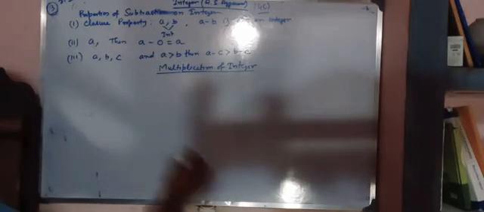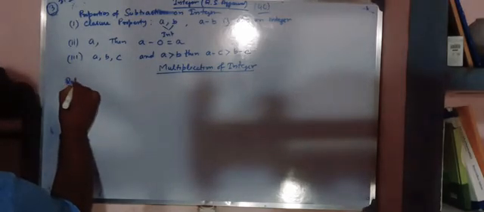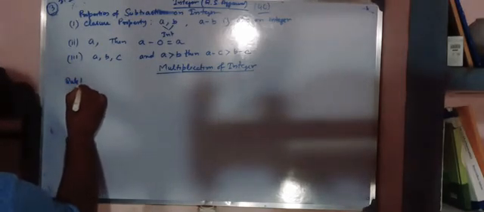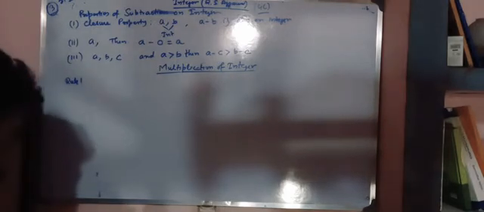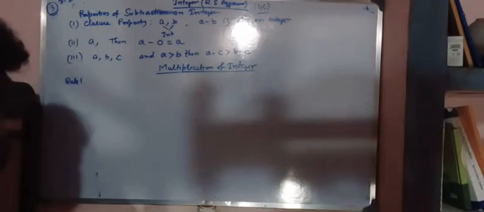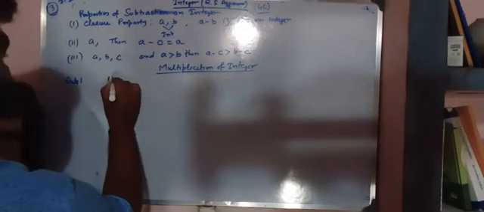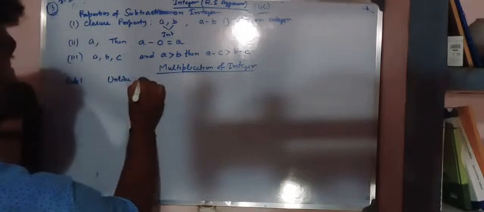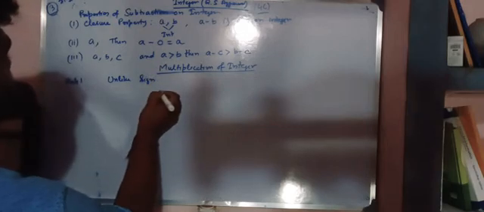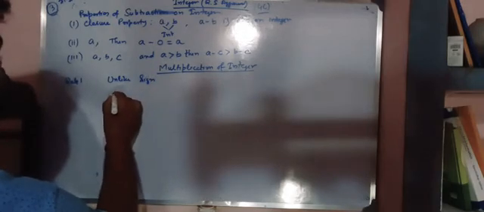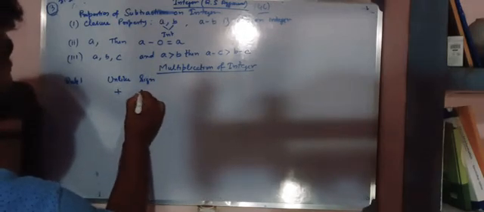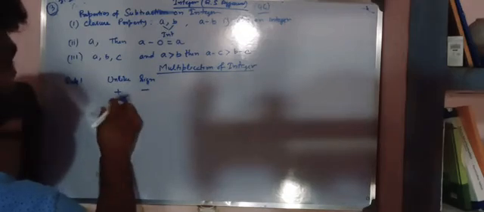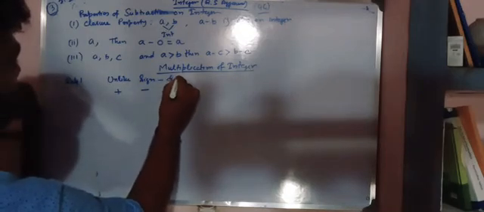Now, here are some rules. First is rule 1: to find the product of two integers with unlike signs. Unlike signs means if one integer has a plus sign, the other integer has a minus sign. Unlike means different signs.